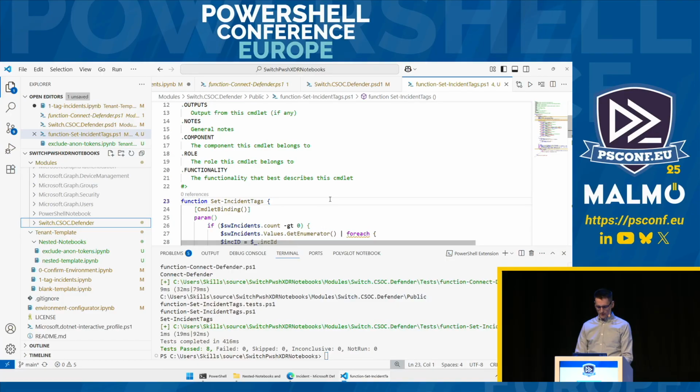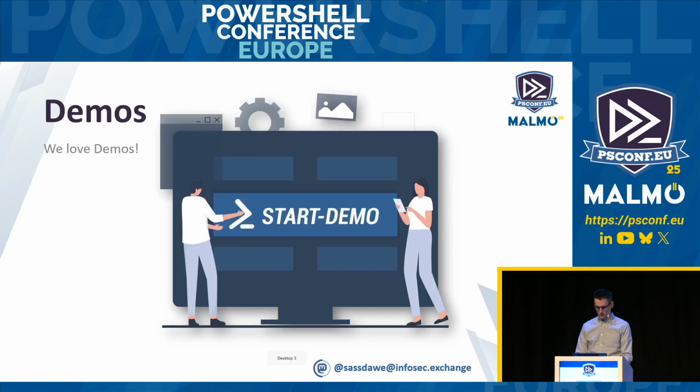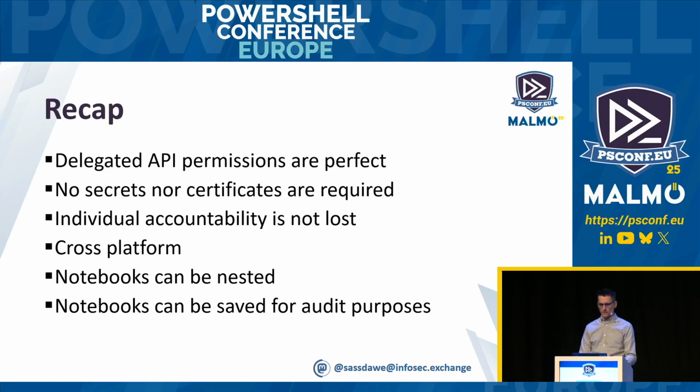And I believe that was all. This was the demo. And as a recap, on a higher or more broad level, delegated API permissions are perfect for this. No secrets, no certificates, no problems.